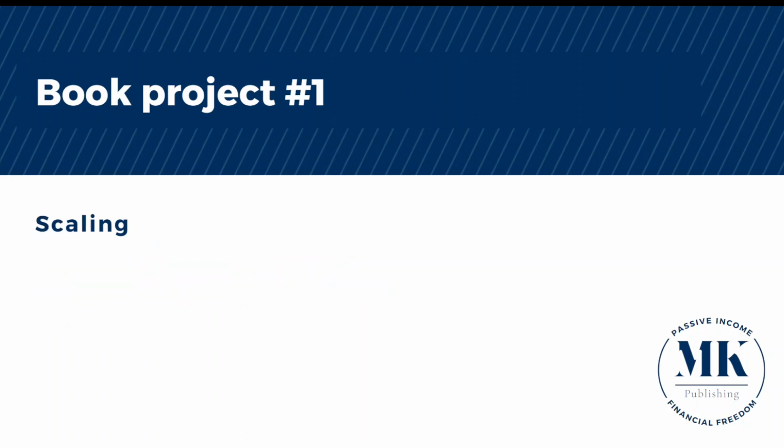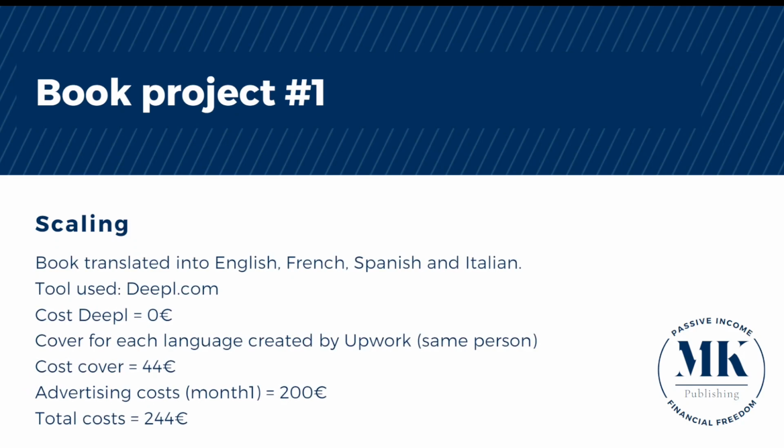And after the first book project I published on the German marketplace, the last step was scaling. So scaling means, can you redo the whole book creation cycle, for example, with a new book project or with an existing book project, just translate it into other languages and publish it on other marketplaces. So this was exactly what I did.